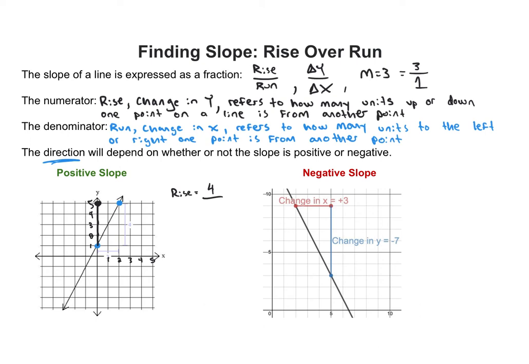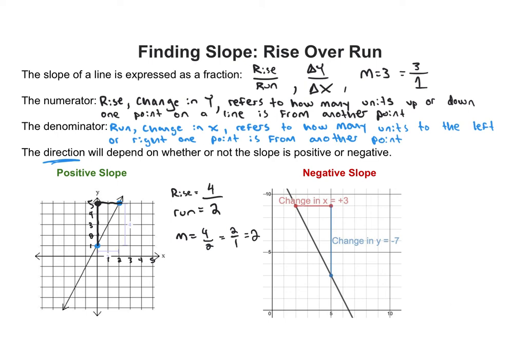So the run is your change in x. So that is 1, 2. Okay, so our run is 2, so our rise over run is 4 over 2. So we would say our slope m is 4 over 2. Or we could say that it is 2 over 1 or just 2.